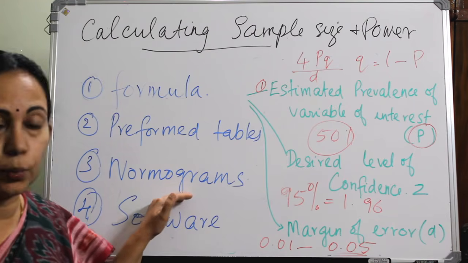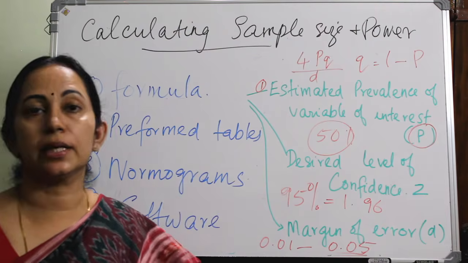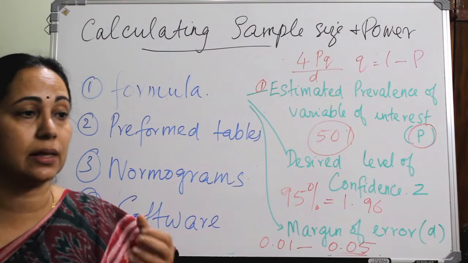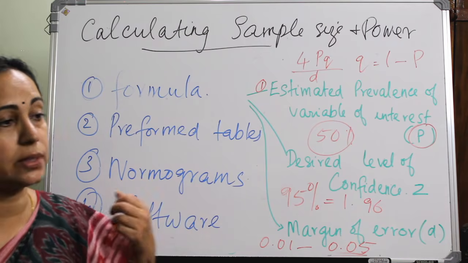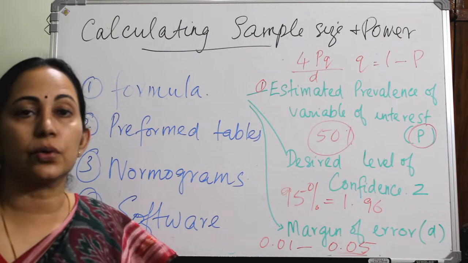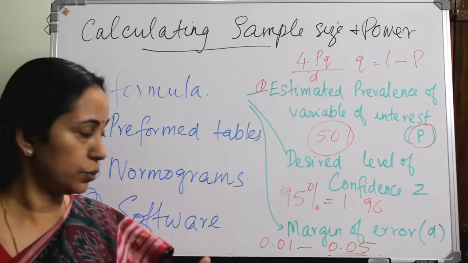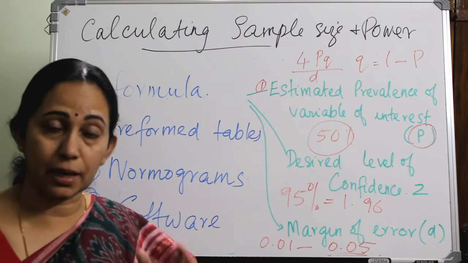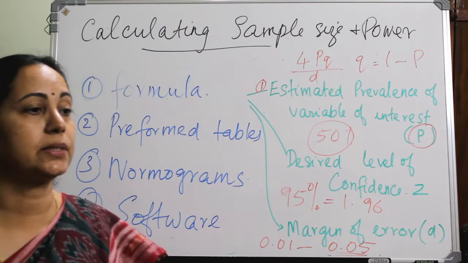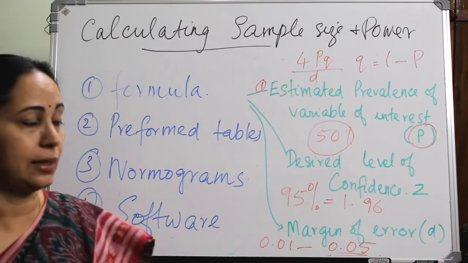And also there are nomograms. If you give the study design, the number of controls, and the number of cases, there are nomograms which give the sample size as estimated for your particular study.